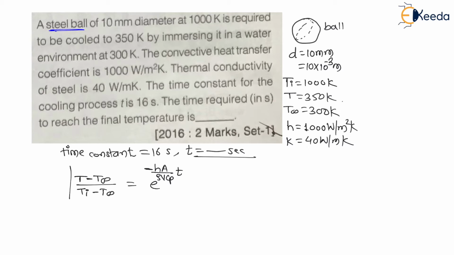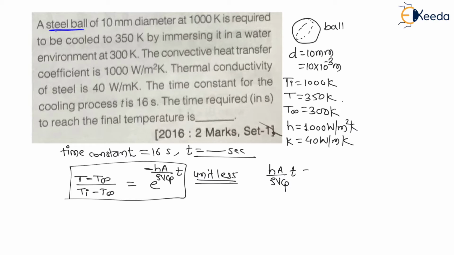Can I say this equation is unitless? Temperature divided by temperature, Kelvin divided by Kelvin, or degree Celsius divided by degree Celsius, is unitless or dimensionless. Therefore the exponent must be unitless, so hA divided by rho V Cp into t is unitless.